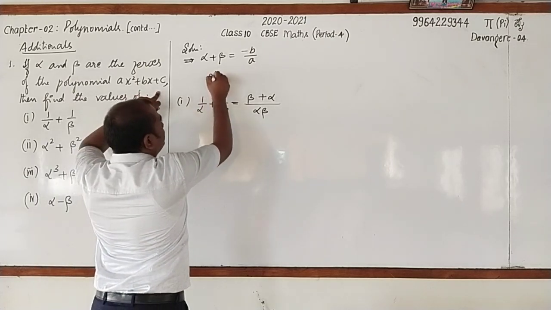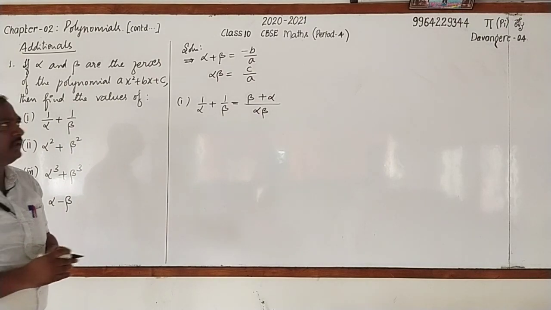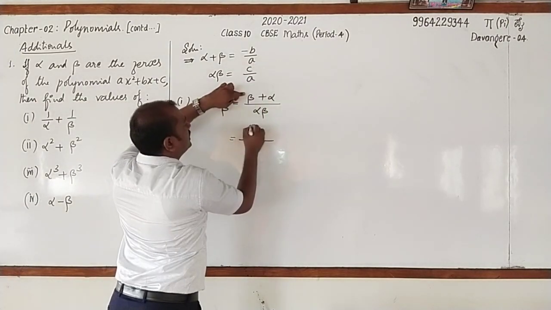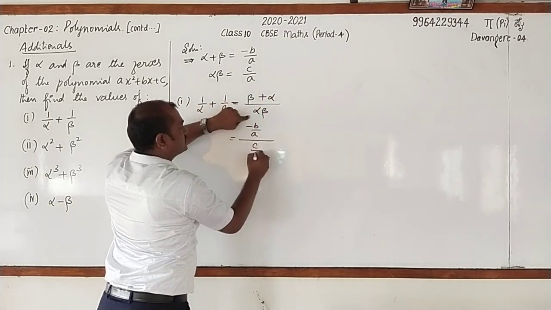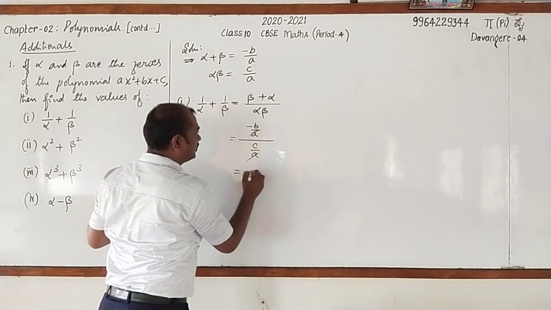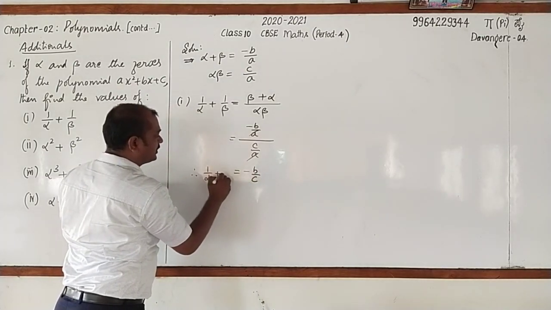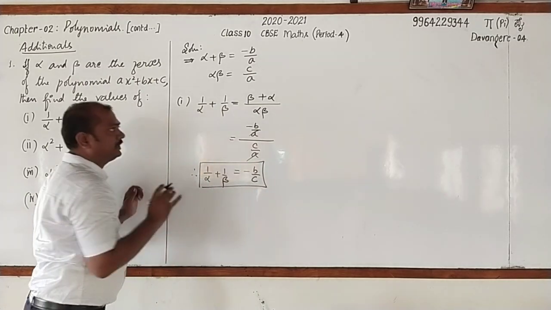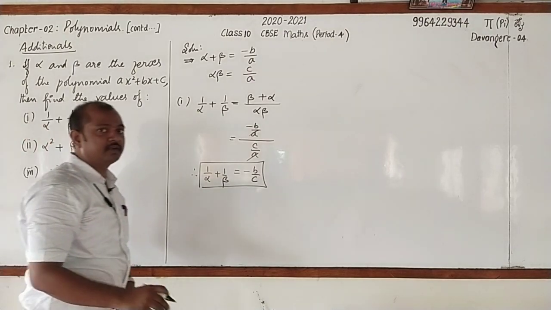Next, alpha into beta is equal to c by a. Clear? Now we are going to substitute them here. Alpha plus beta is minus b by a. Alpha into beta is c by a. Now see that a and a get cancelled. It is equal to minus b by c. Therefore, 1 by alpha plus 1 by beta is minus b by c. Is it not simple? And also, is it not interesting?